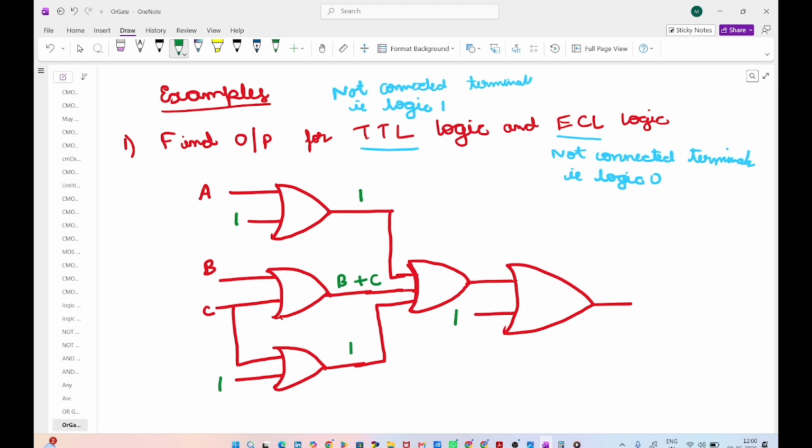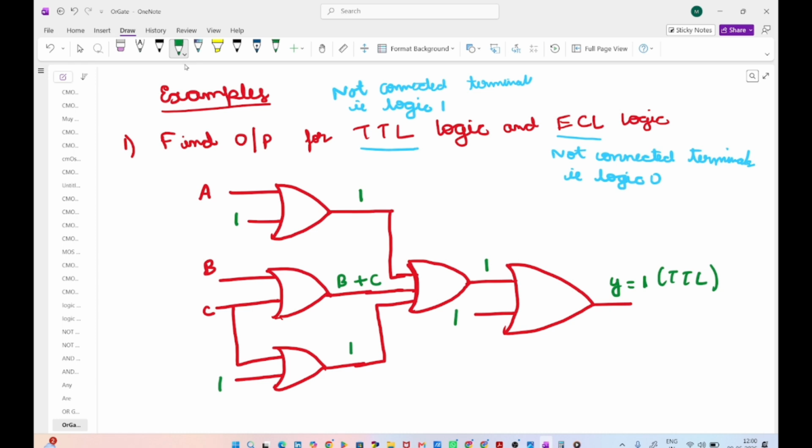One input is C and another input is 1, it's 1. Here the output is 1 because one of the input is 1, and the one input is 1, the other input is 1, so the final output is also 1. Y is equal to 1 for TTL logic.